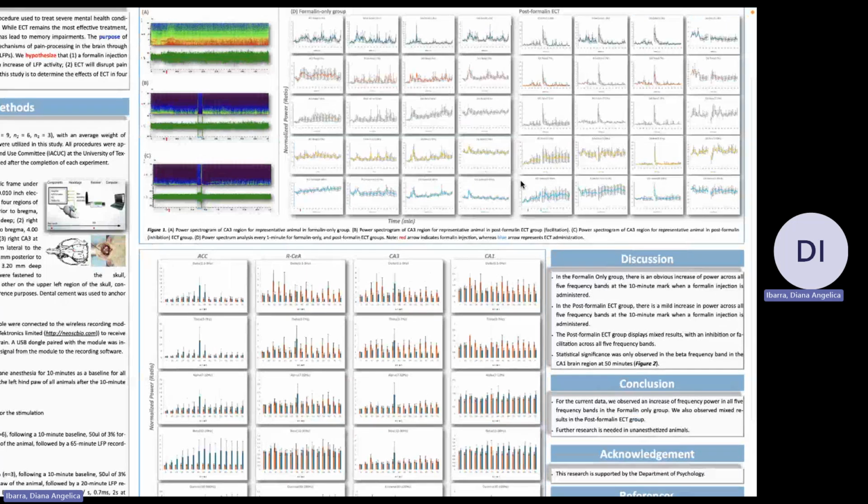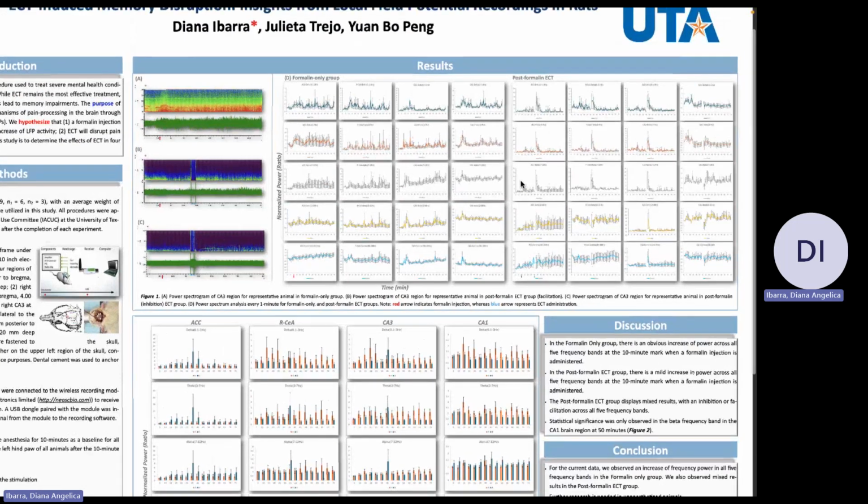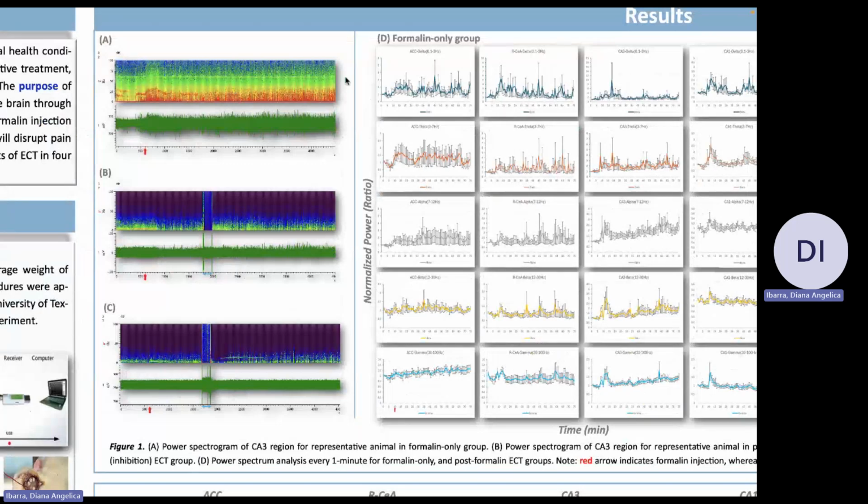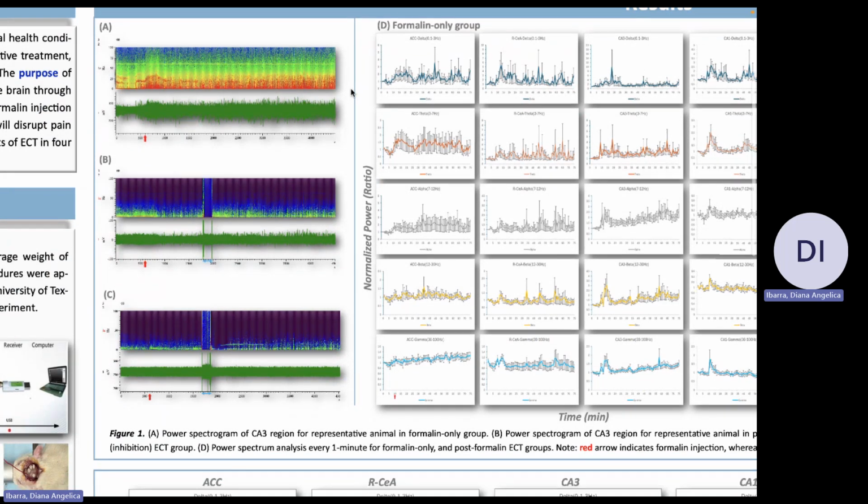For the results, Figure 1 displays 3 power spectrograms for 3 representative animals and 2 power spectrum analysis summary graphs. Figure 1A shows a power spectrogram and a raw wave trace of the CA3 region of a representative animal from the formalin-only condition.